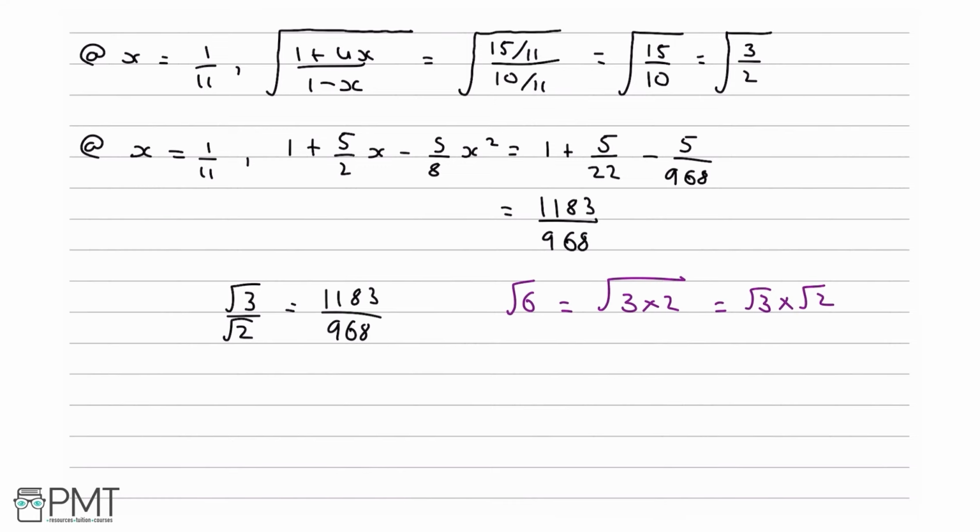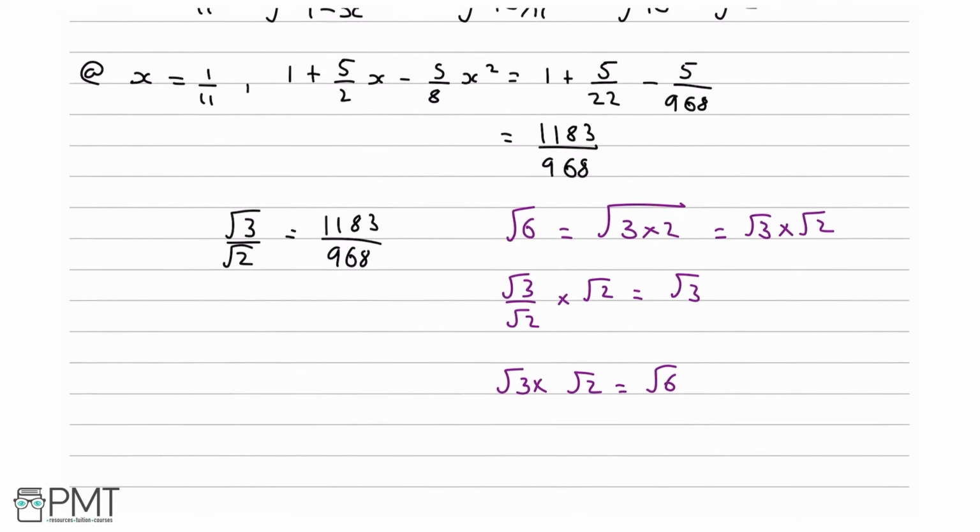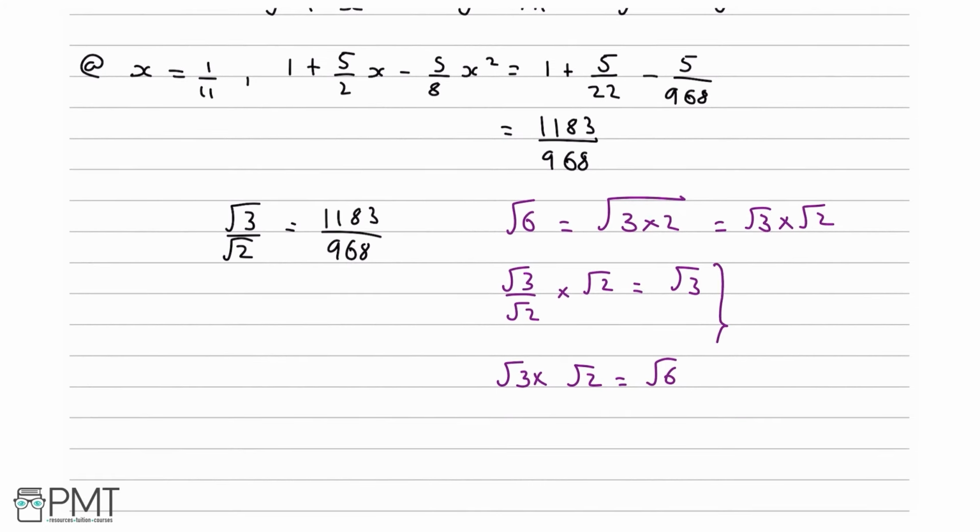To get from root 3 over root 2 to just root 3, we multiply by root 2, and then to get from root 3 to root 6, we multiply by root 2 again. So root 3 over root 2 times root 2 times root 2 gets us root 6.